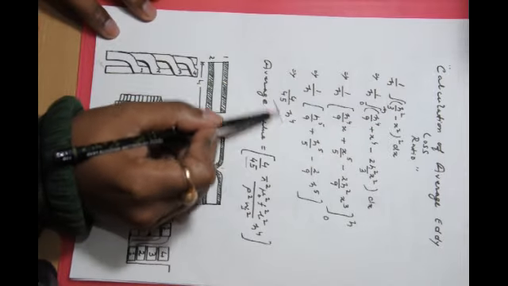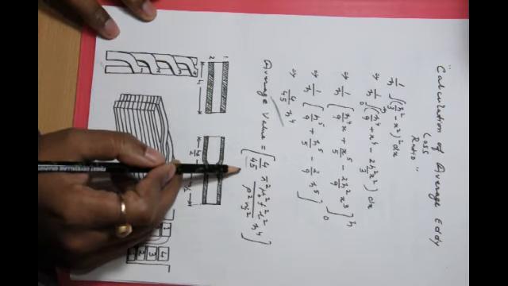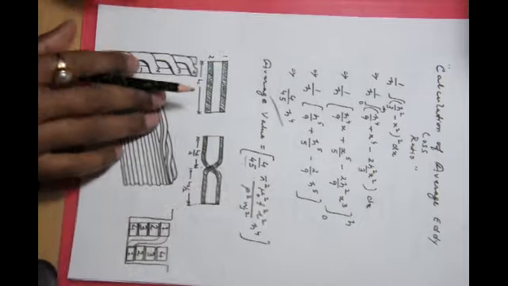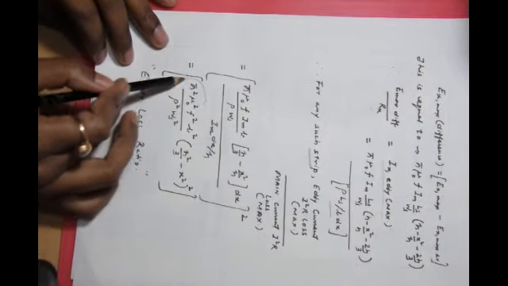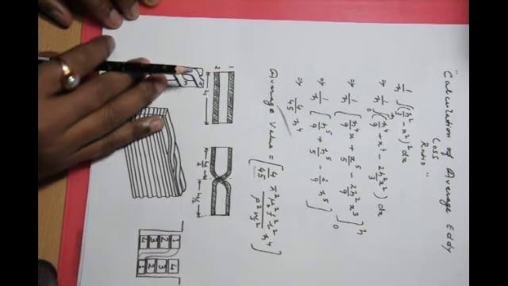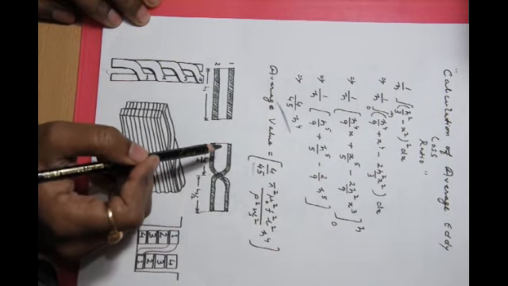We get this value, and then the average value is 4 by 45 h to the power of 4 by the remaining expression. Remaining expression means this entire part. This is the average value of the eddy loss ratio.